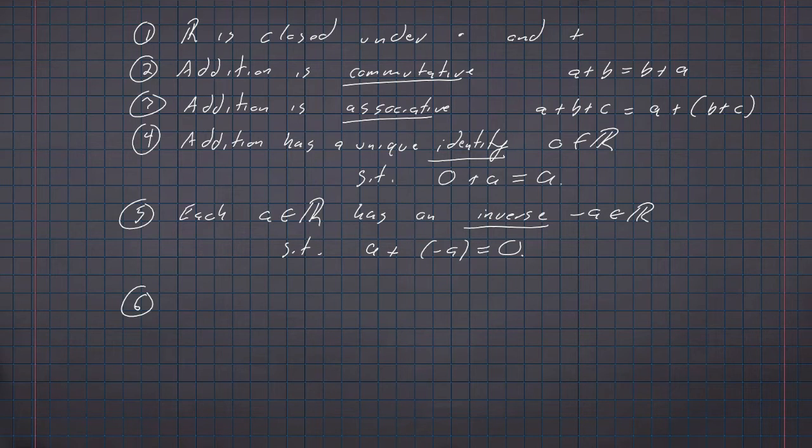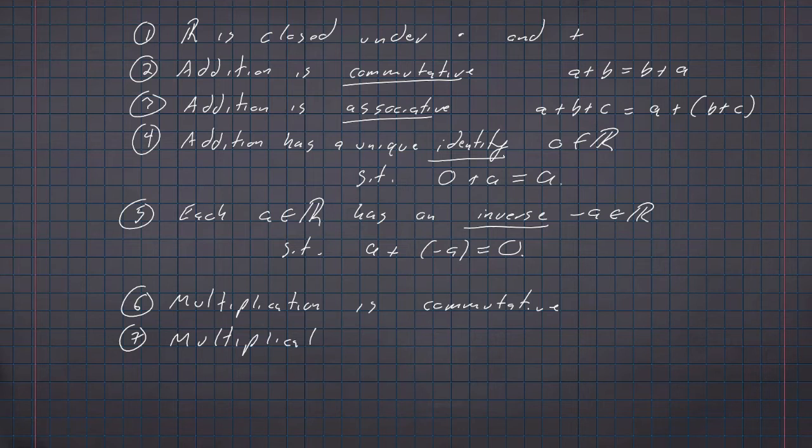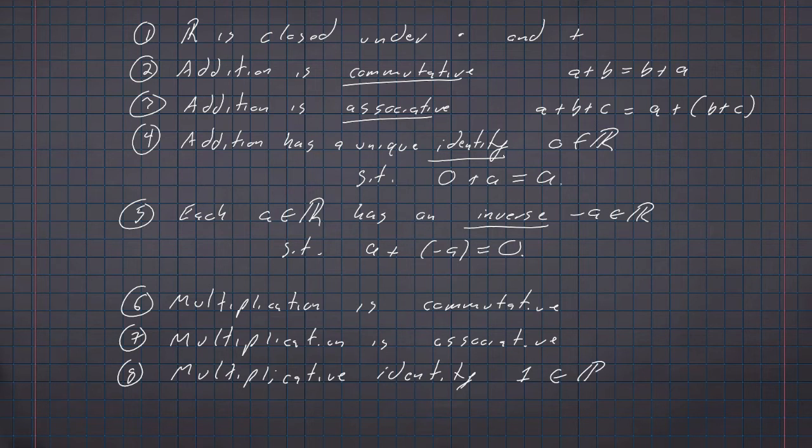And then we go through a lot of the same thing with multiplication. Multiplication is commutative and associative.